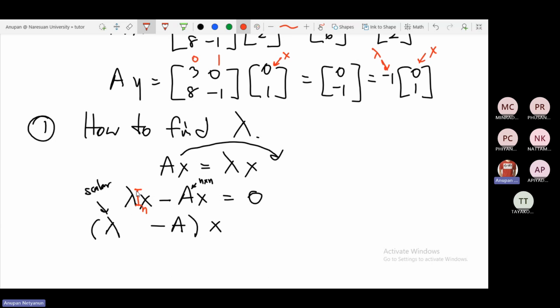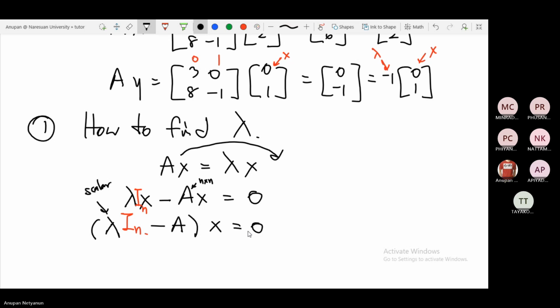But once I do this, when you pull out x from the first term, you're going to have I_n over here, and a scalar multiplied to a matrix. Now you have matrix minus matrix, which is n by n, the same dimension, right? So I just add I_n to it, and you get equal to 0.